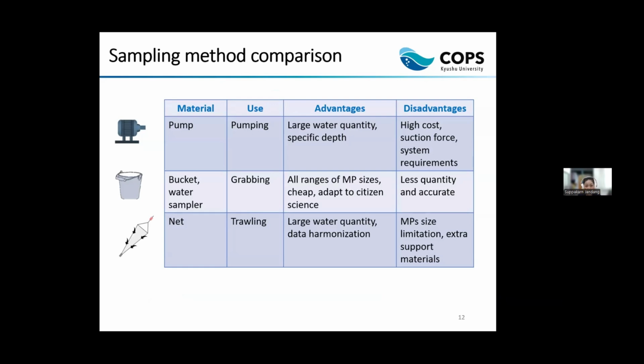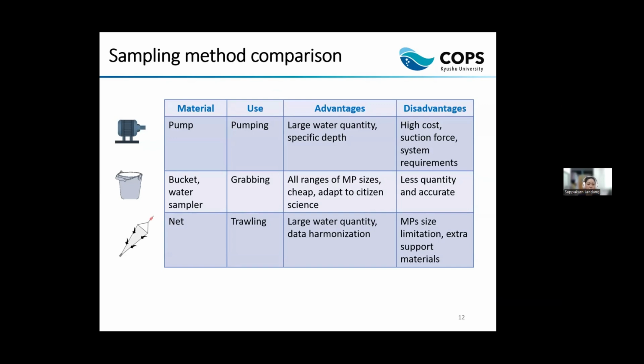I believe that not all laboratories have a net to collect the sample, but they have different kinds of equipment or tools that you can use for collecting surface microplastic. For example, the pump, the bucket, the water sampler, and the net I already mentioned. This slide is just showing you the pros and cons of each equipment.